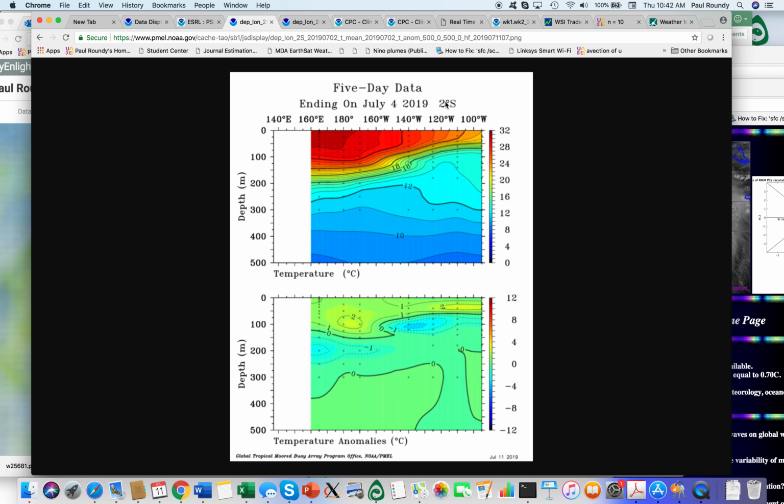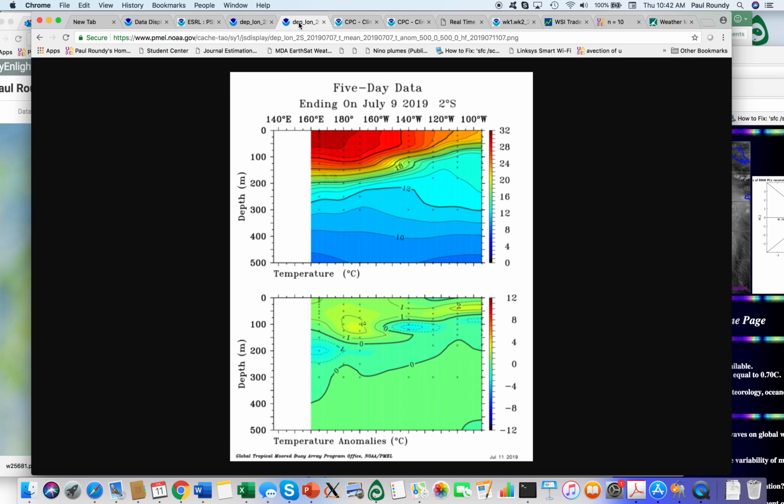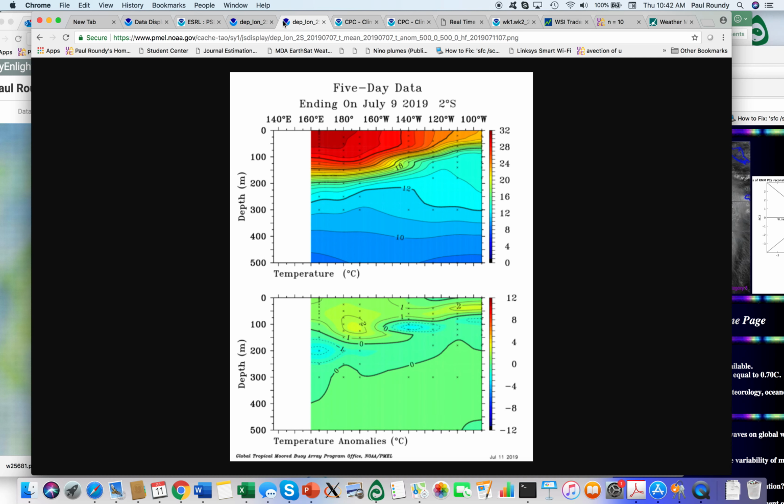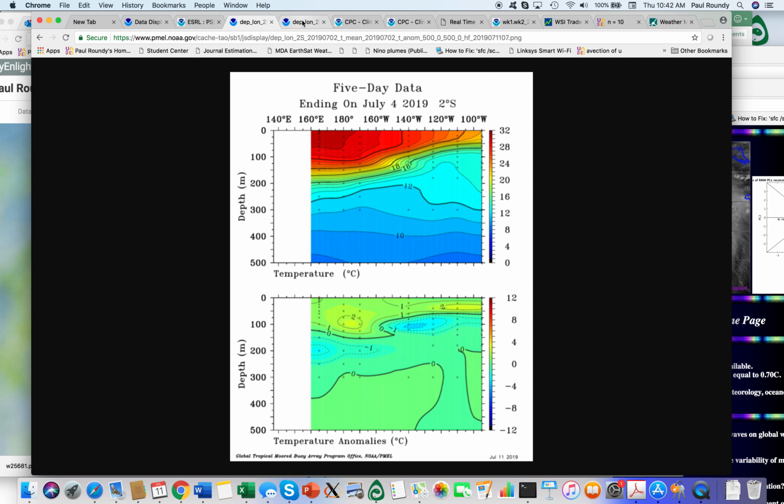So I'm looking here at the TAU buoy data at 2 degrees south to try to get a feel for how the subsurface ocean conditions are evolving. This is the 5-day period ending on July 4th, and here's the corresponding 5-day period ending July 9th. Let's toggle back and forth between them a little bit and kind of get an idea of how things are trending.